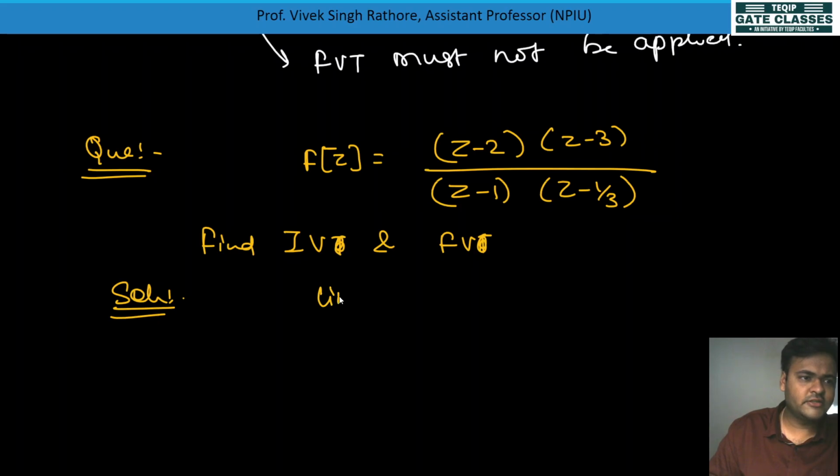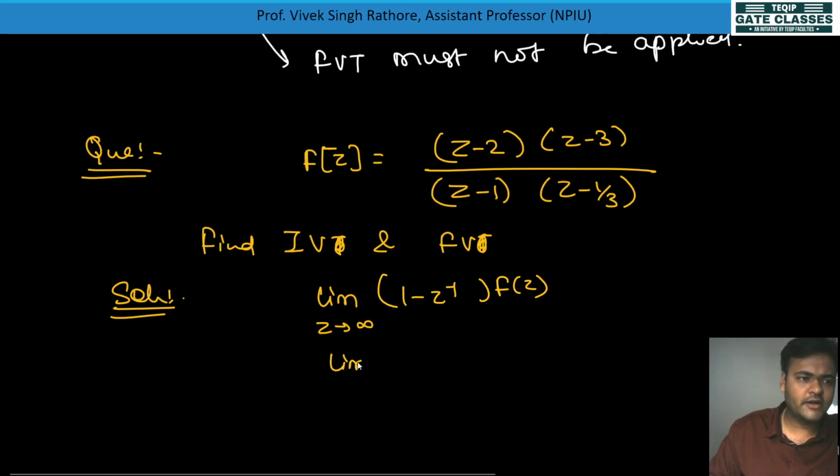So for the initial value, what we'll do? Limit z tending to infinity of (1 minus z inverse) into F of z, or you can also write it as limit z tending to infinity of F of z.